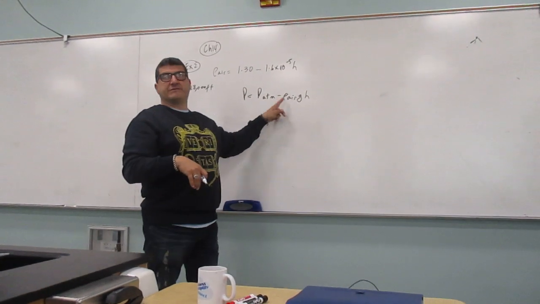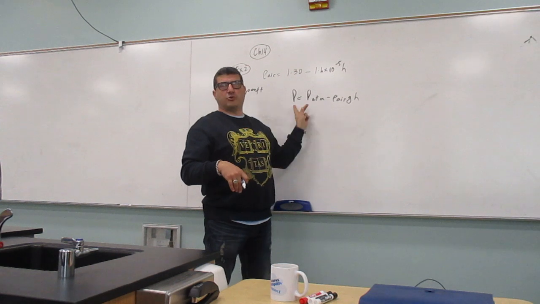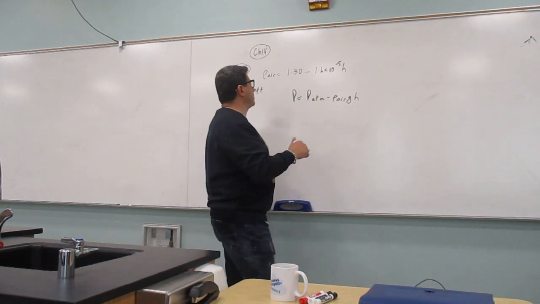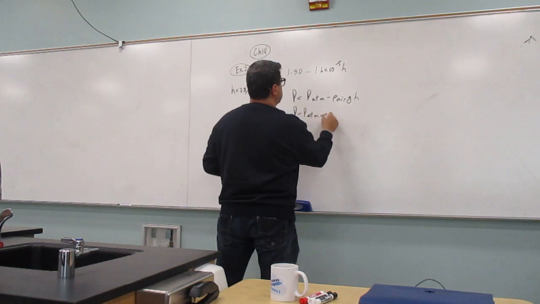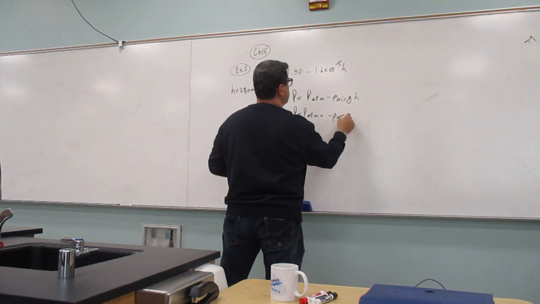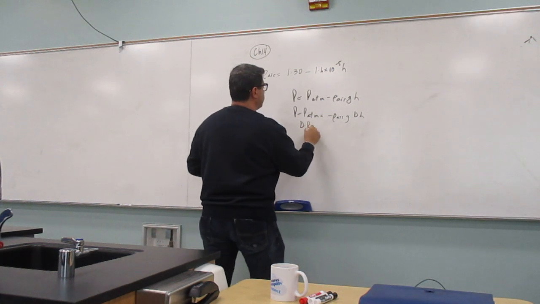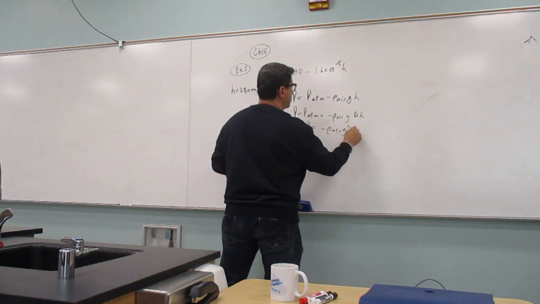So now we use the differential form of this. Truly speaking, this only holds true if the density is constant. The differential form of this is P minus P atmosphere is negative density of air g times delta h, we can call this, and then this is delta P. Right?